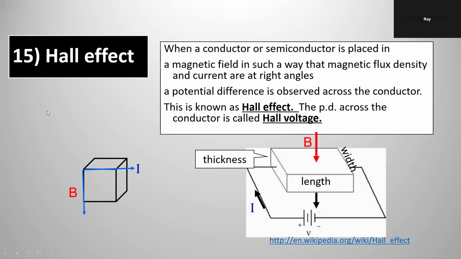This is known as the Hall effect. The PD across the conductor is called the Hall voltage.